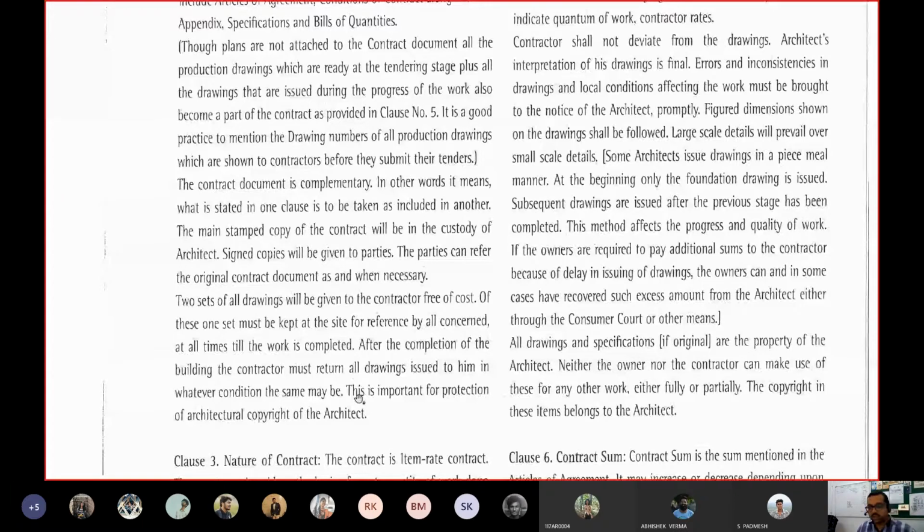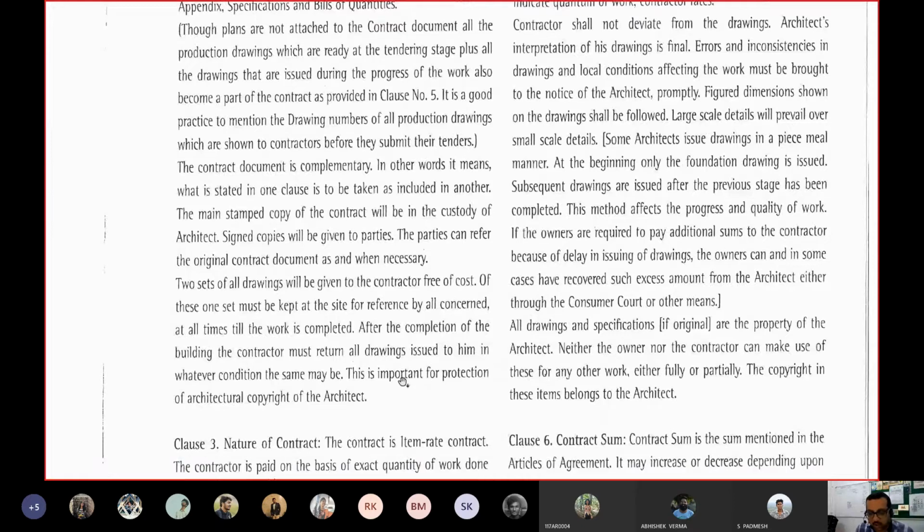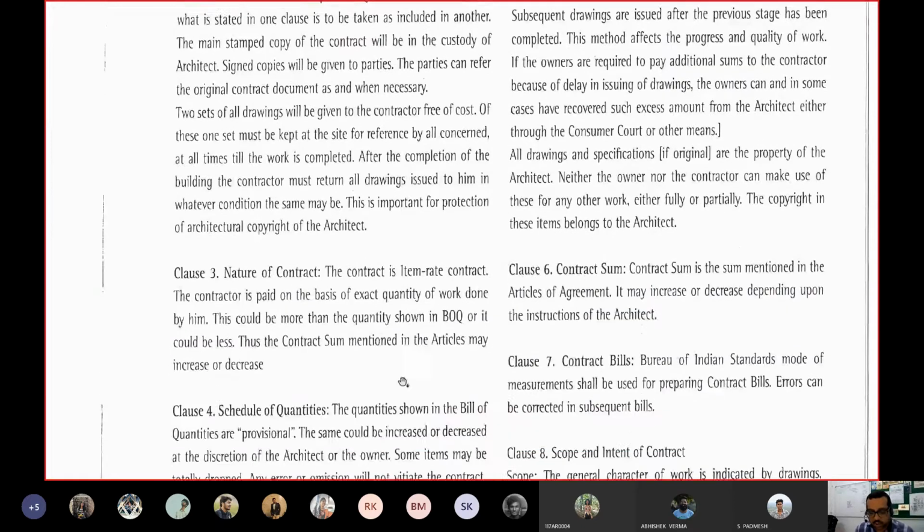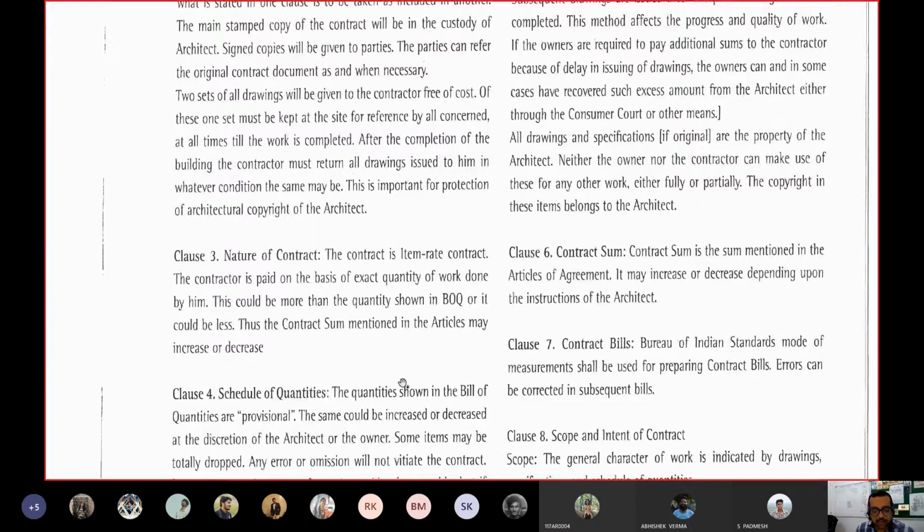Next clause, in the next clause of the contract, you should mention the nature of the contract, whether it is an item rate contract or whether it is a lump sum contract, or what kind of contract it is. For example, if I ask some of you to prepare a contract for any construction project at a particular place, this clause should mention whether it is a price based contract or a cost based contract.